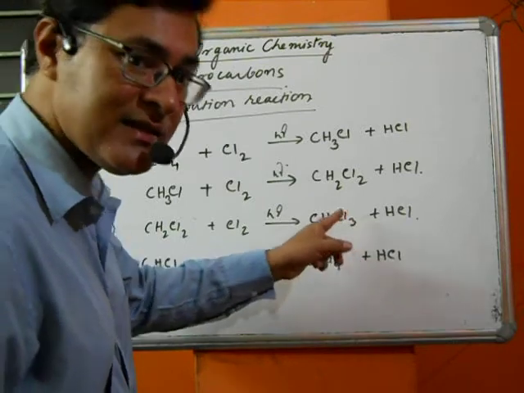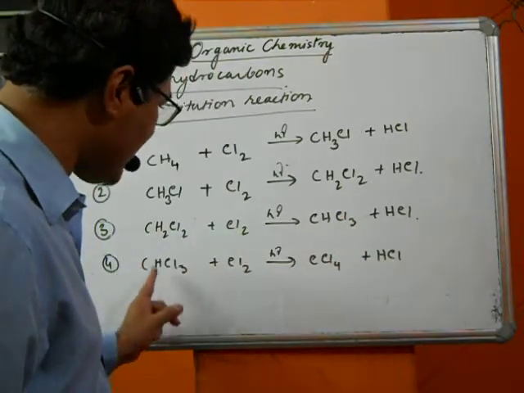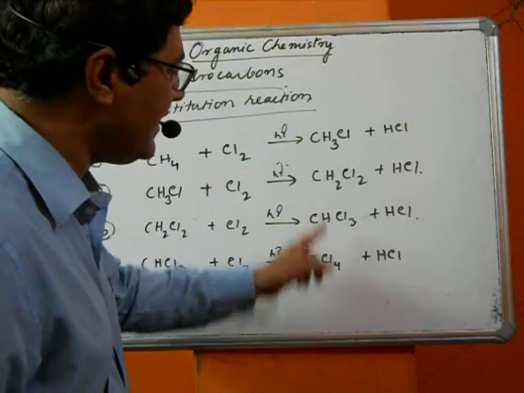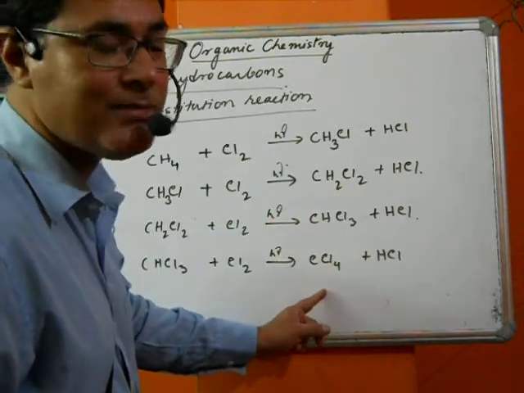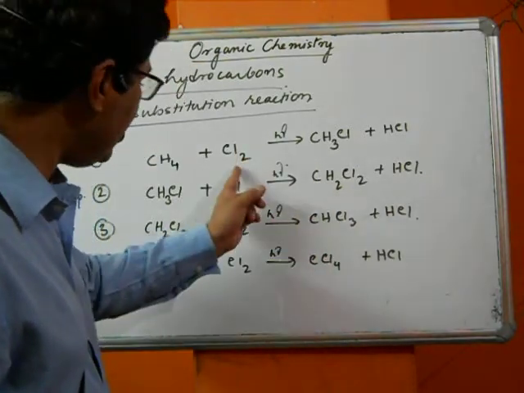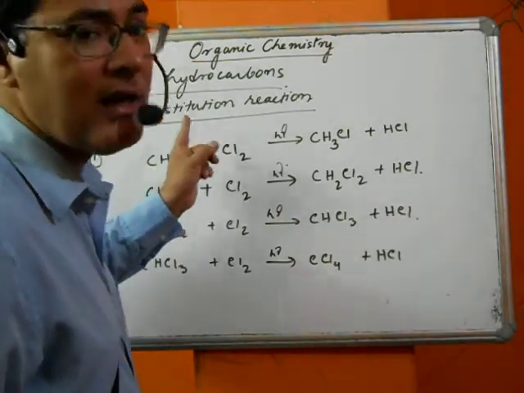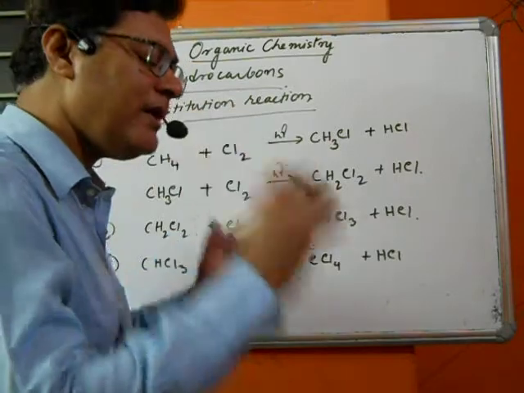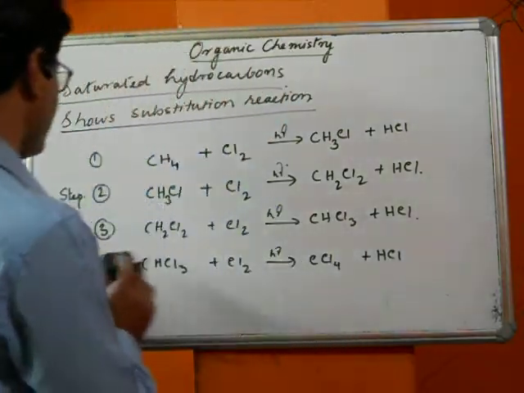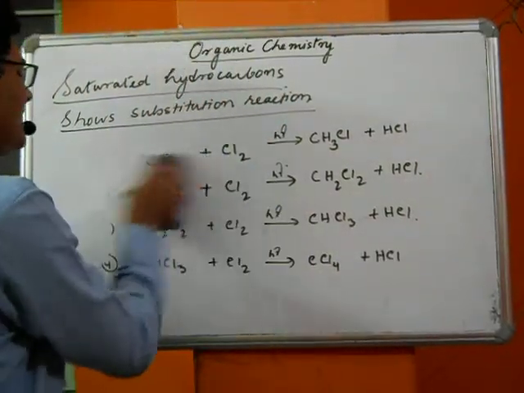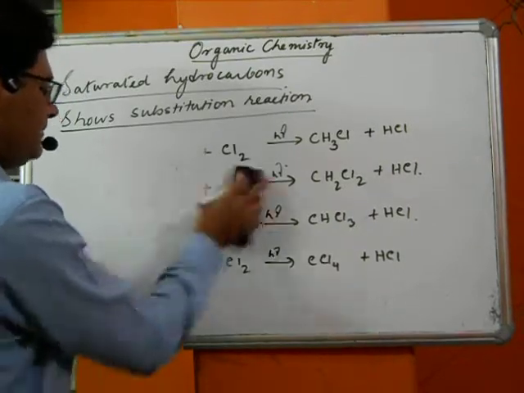Fourth step, all the hydrogens are replaced and ultimately no hydrogen is left. So what is this? The chlorine is taking the place of hydrogen. So this is known as a substitution reaction. Let's see how it takes place, the mechanism of how the reaction occurs.